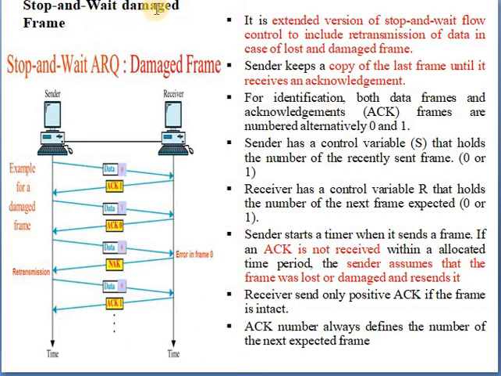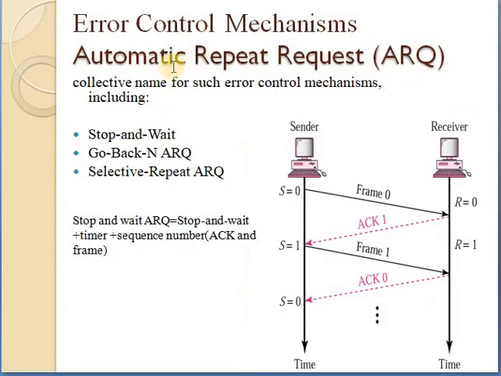First of all, stop and wait without damaged frames. Here the sender sends the first frame. Here the frame number is 0. Here S is the sequence number variable and R is the receiver number variable.